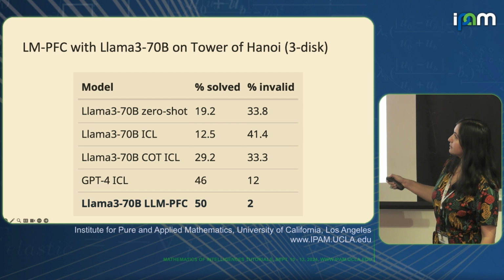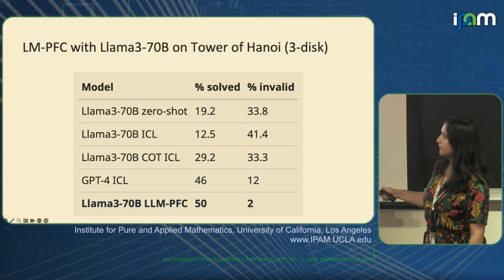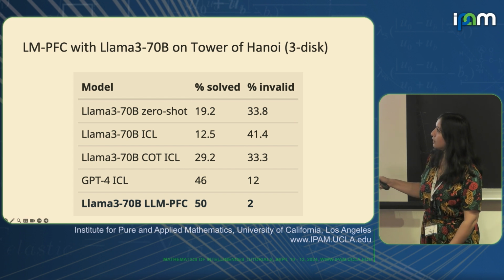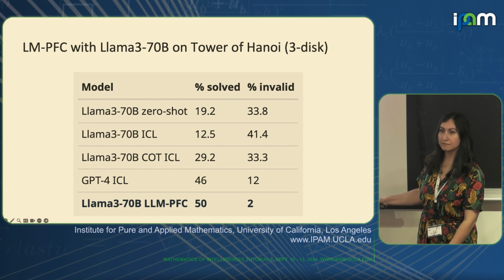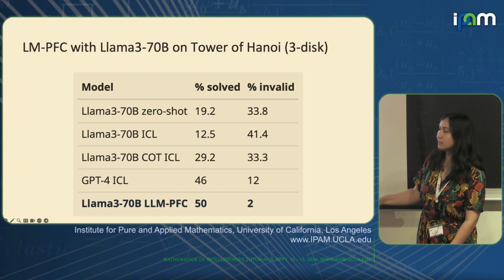So what happens if we have LLM-PFC on Tower of Hanoi with Llama 3? And what you see here is that 0 shot, it does 19% with 33% invalid. But with LLM-PFC, it does 50% and only 2% invalid. And in fact, that is better performance than GPT-4 with in-context learning, which is kind of great.